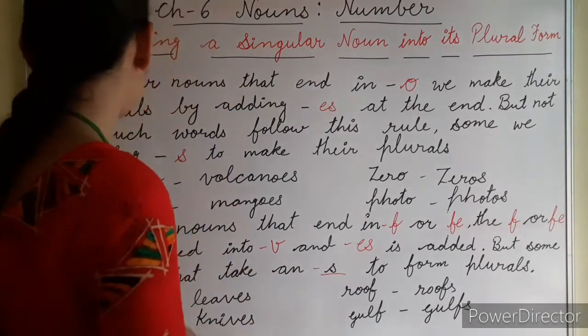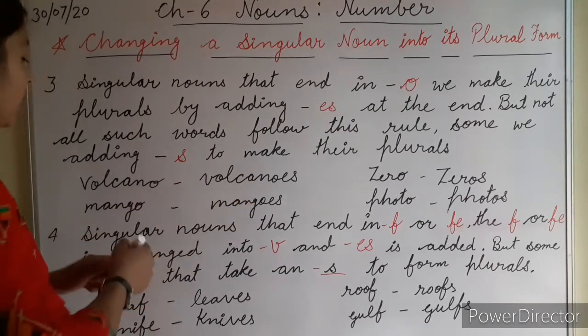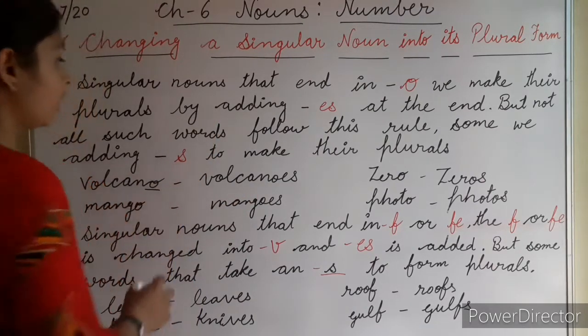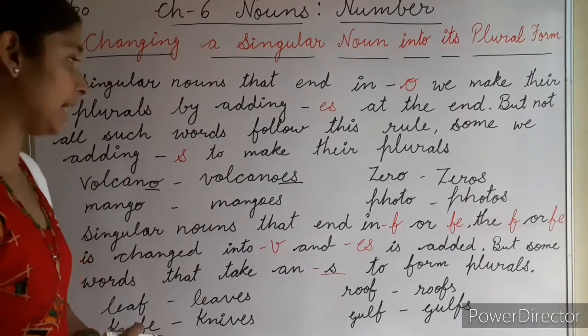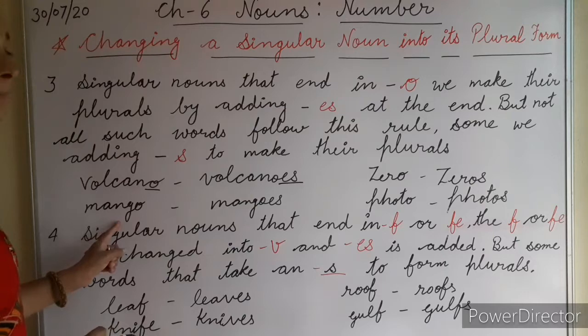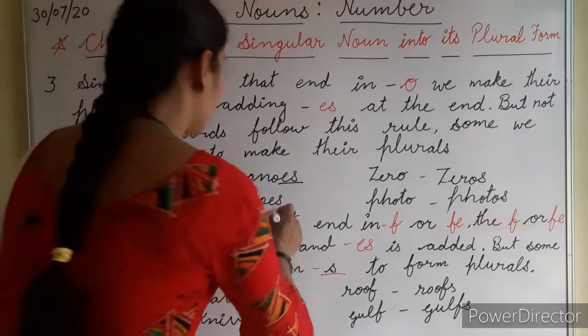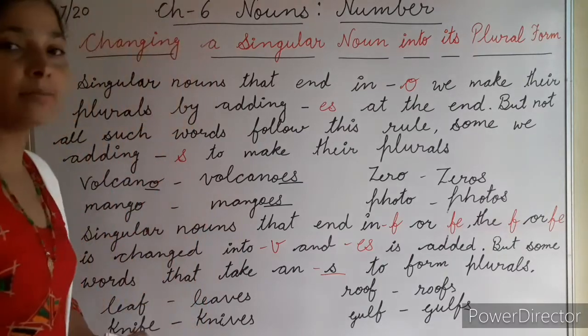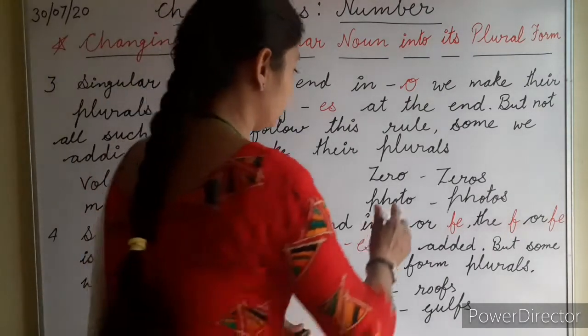For example, volcano, volcanoes. Volcano ends here in O, so we make its plural by adding es. Second is mango, so its plural is mangoes. We add the same letters, es. Next is zero.